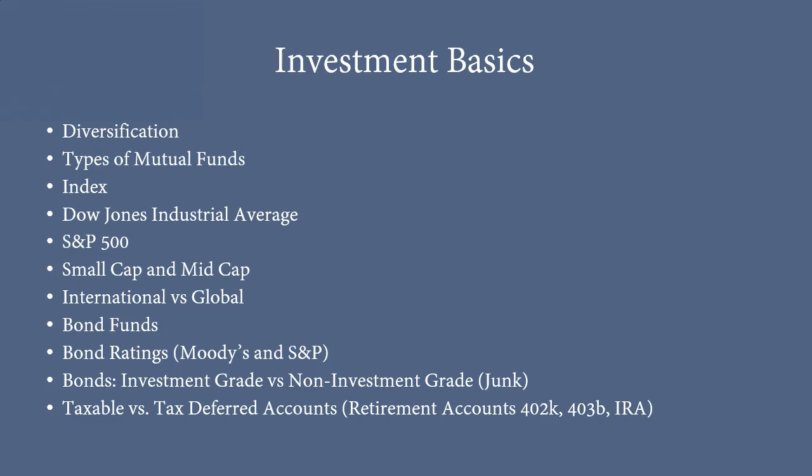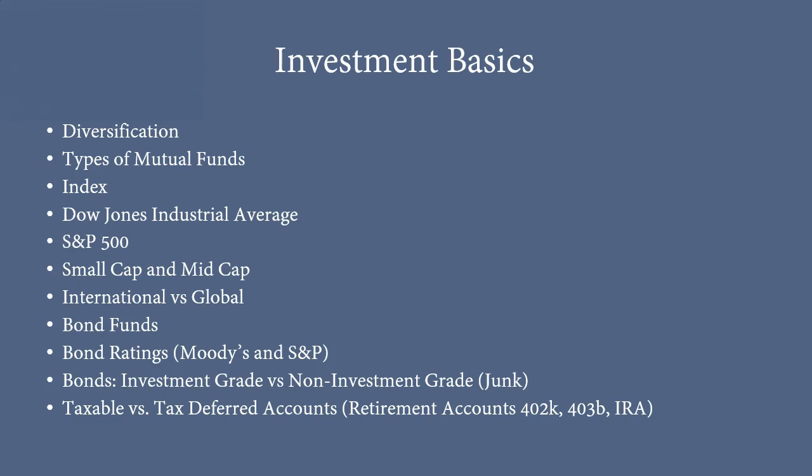It's where stocks are traded, mostly electronically nowadays, where people buy and sell these stocks. But an index is a snapshot of a certain segment of an economy or a stock type. There are all kinds of indexes out there, tons of them.